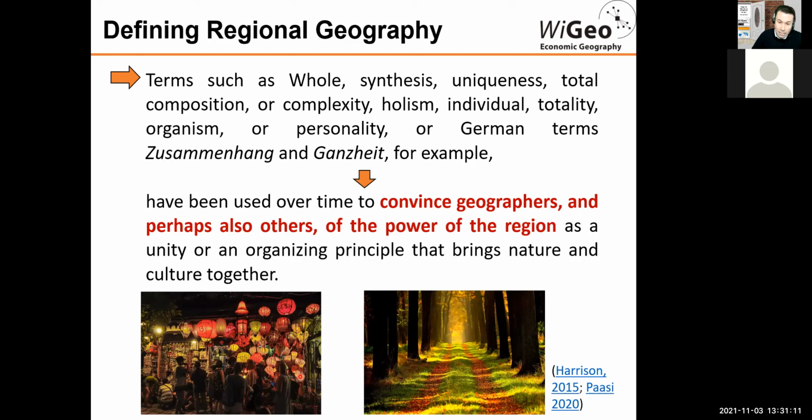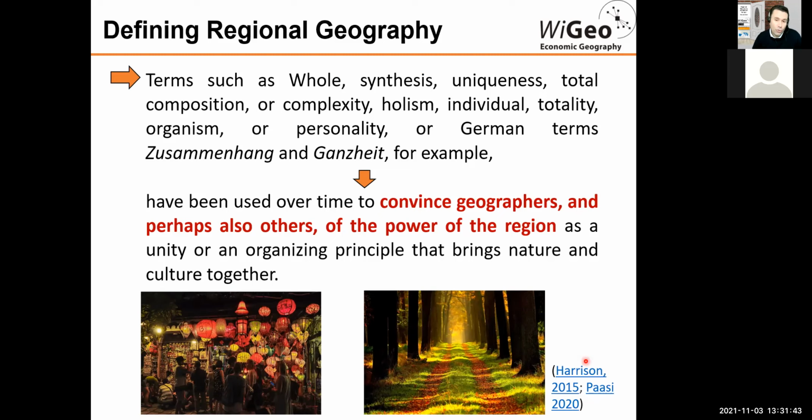It is important to understand this evolution through time, and to understand the social constructivism of the concepts. Most of the concepts we know, or how we define regional geography, are very much the result of ways of thinking of specific writers and researchers embedded in a specific context. Here I point to Harris and Passy again, who write clearly about this evolution of regional geography through time.